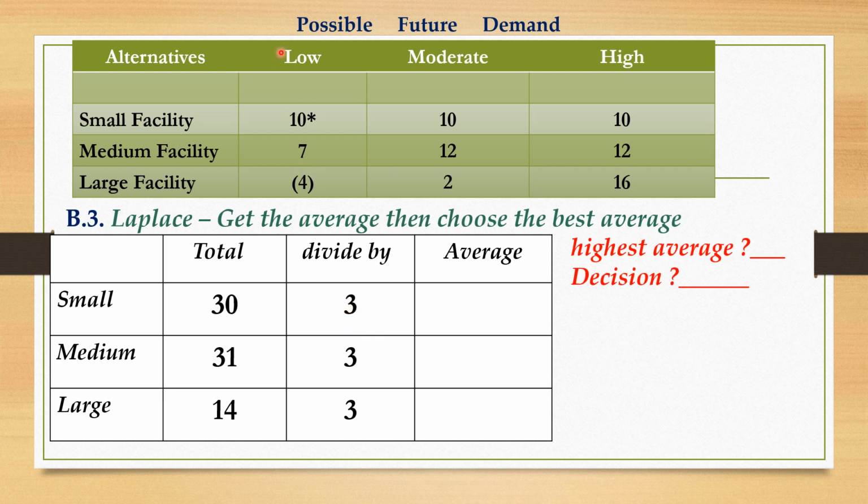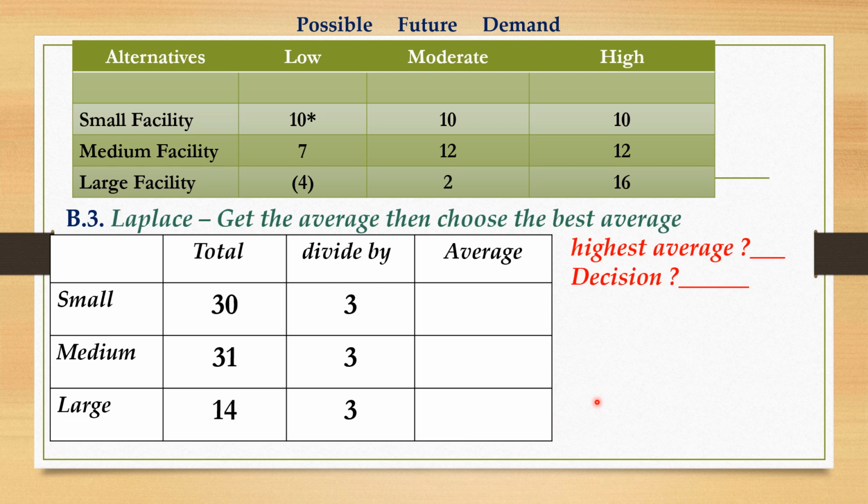In case we have only low and high, we divide it by 2 only. I will give you a few seconds to get the average: 30 divided by 3, 31 divided by 3, and 14 divided by 3.